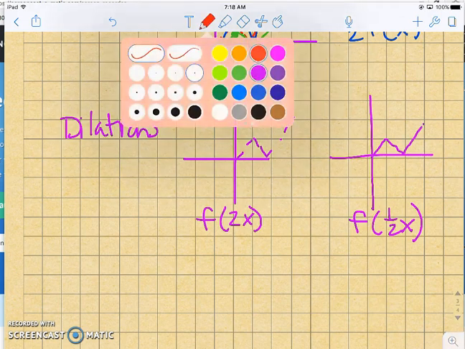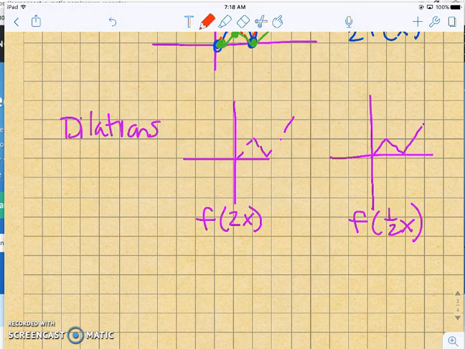But our x values in this one, it's going to be a scale factor of 1 over 2. So we're basically taking half of our x values. So it would become here. This one was at 2, so it goes back to 1. 1, 2, 3. So it goes back to 1.5. And we have a horizontal compression.